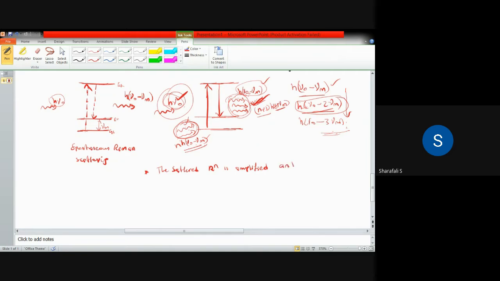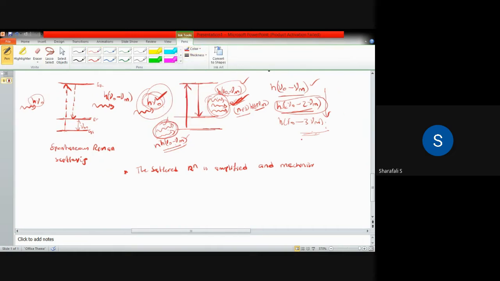The mechanism responsible for this amplification of the scattered beam is the enhancement of Raman Stokes amplification.